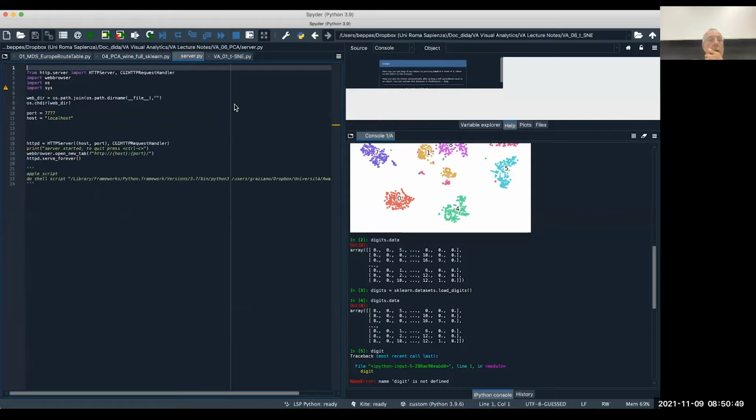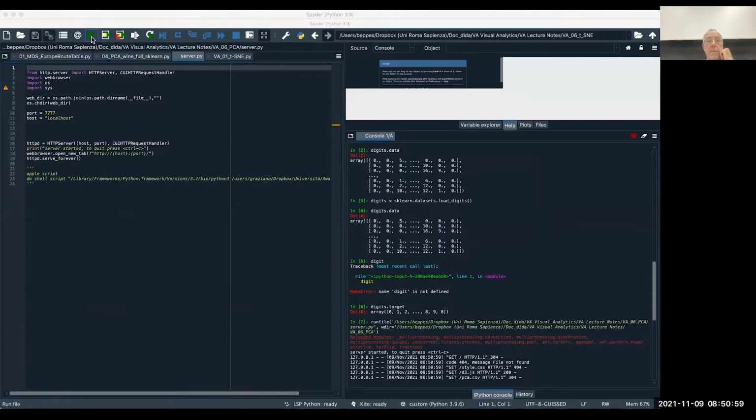And I asked someone to improve the code of the server that I use for PCA. And now, you remember you have the PCA of wine and the same data set depicted with parallel coordinates.